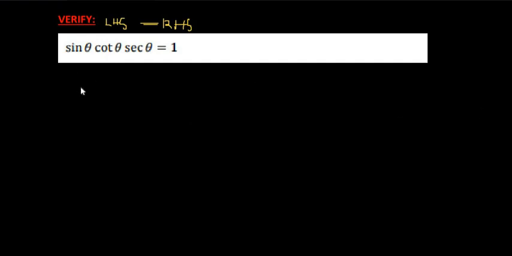So here we have sine theta. Sine theta is in its simplest form, so we can just write it as sine theta over here. Now cot theta, I can use the quotient identity and write it as cos theta over sine theta.